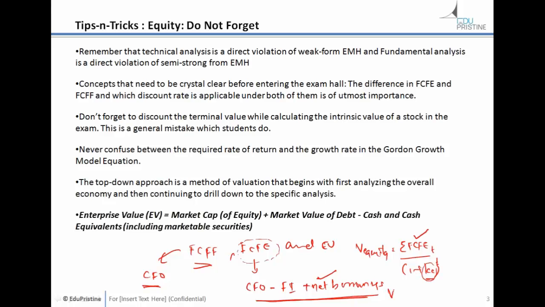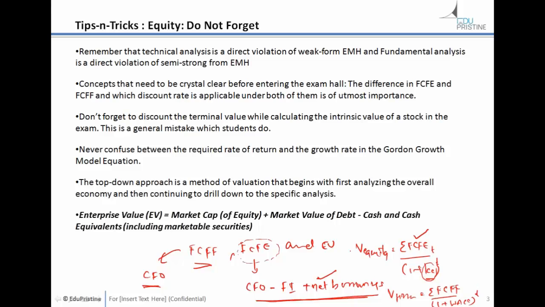If I am going to calculate the value of the firm, then it will be the summation of FCFF times 1 upon (1 plus cost of capital) raised to that time period. So one must be very careful: when one is discounting the free cash flow to equity, he has to discount using the cost of equity, and when one is using the free cash flow to firm, he has to make use of the weighted average cost of capital.